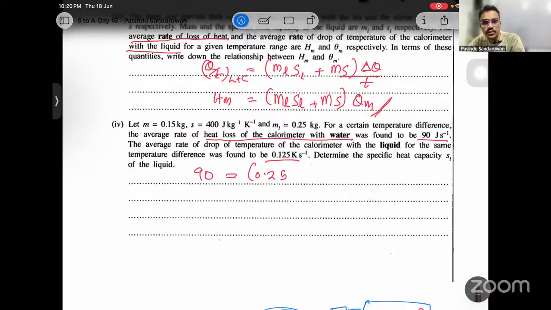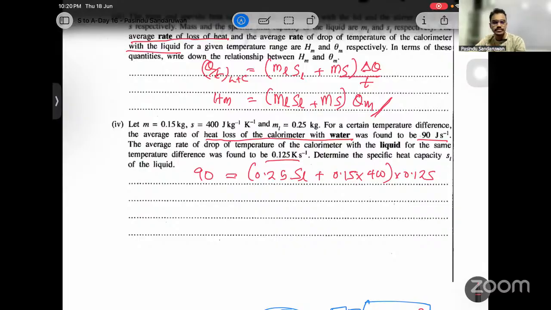We are going to find SL. M is 0.15 and S is 400, and the temperature drop rate is 0.125.